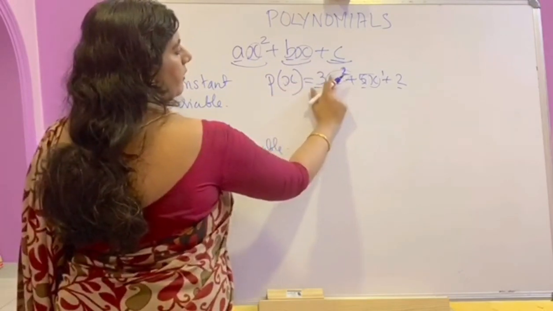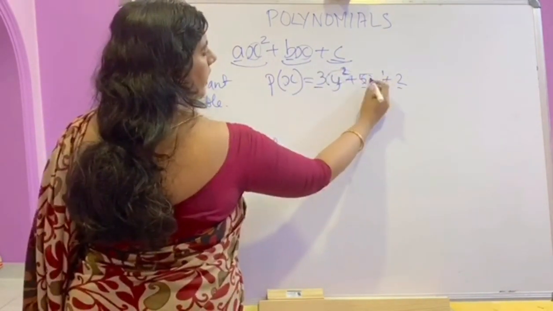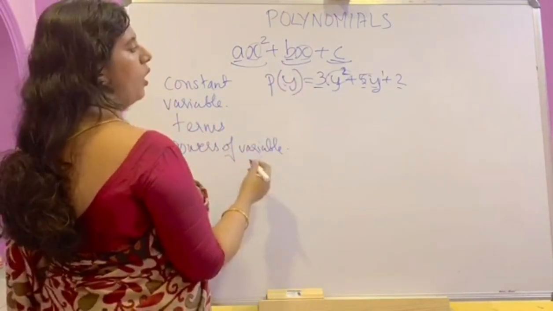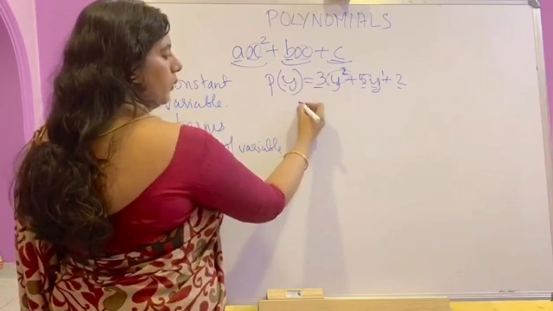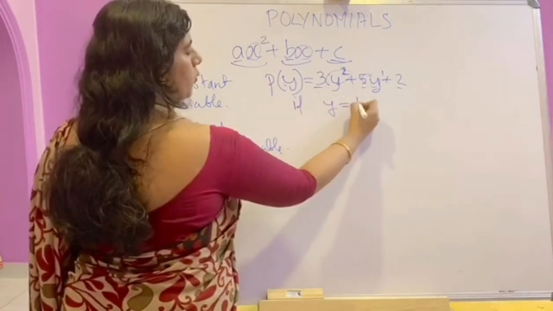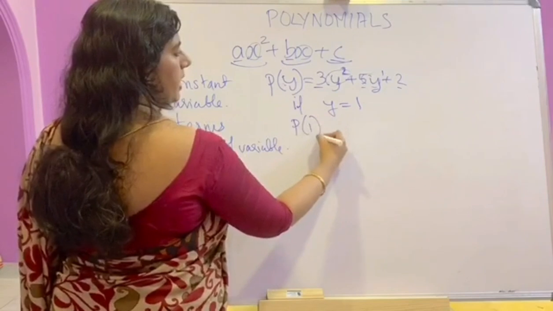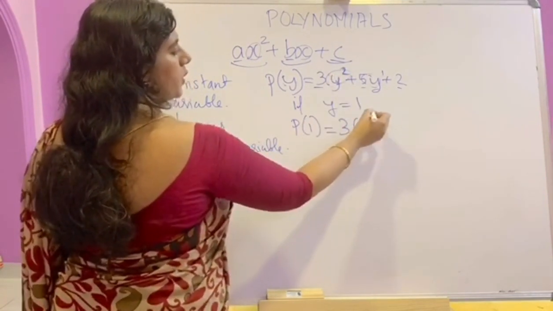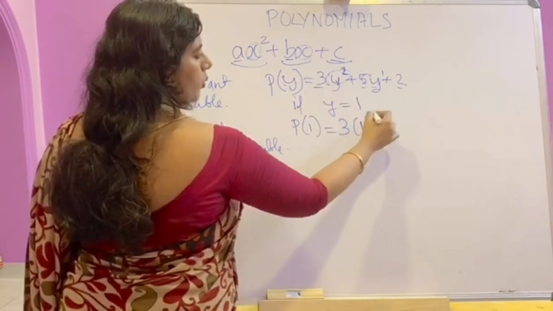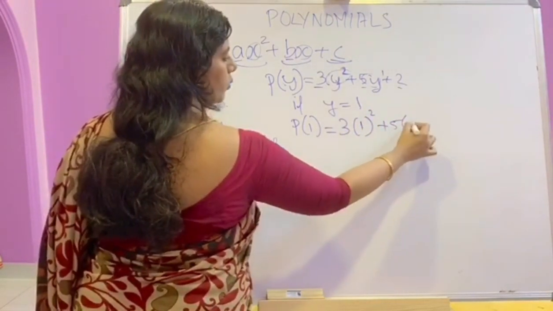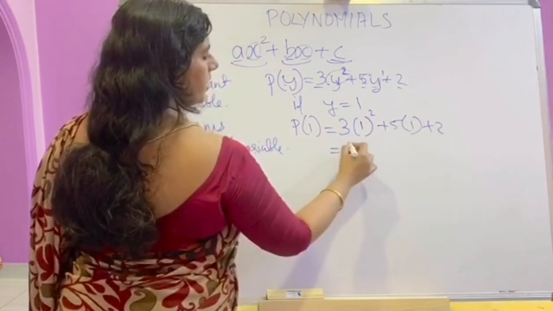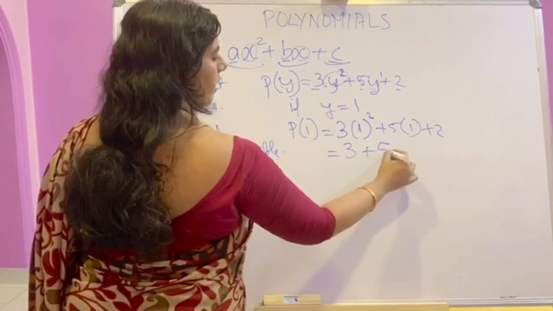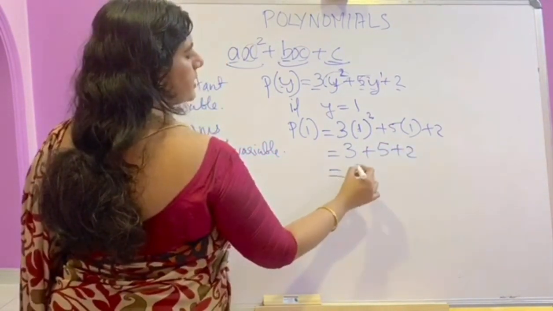Otherwise, if it was y square and y here, then this will be p of y. Now, we want to find the value if y equals 1. Then p of 1 is equal to 3 into, this y becomes 1 here. We are substituting the value of y as 1, plus 5 into 1 plus 2, that is 1 square is 1, 3 into 1 is 3 plus 5 plus 2, that is 10.